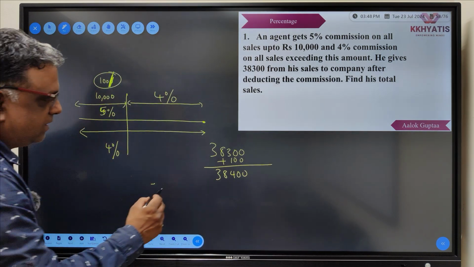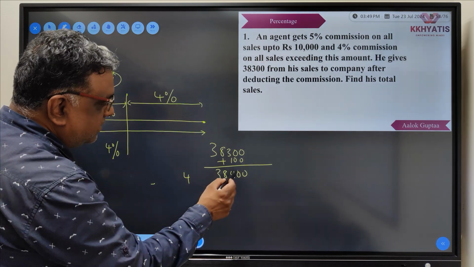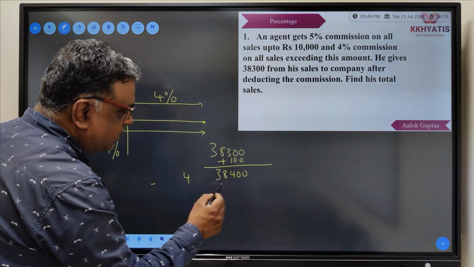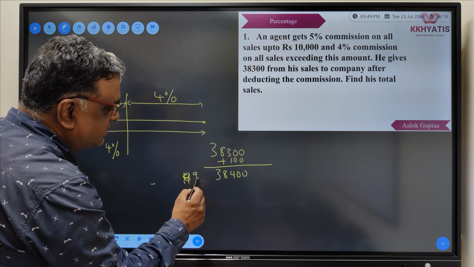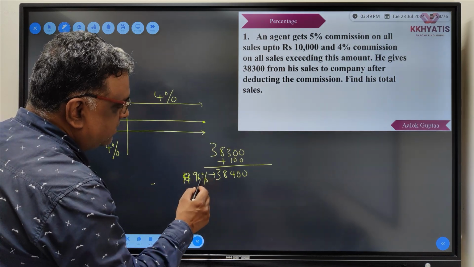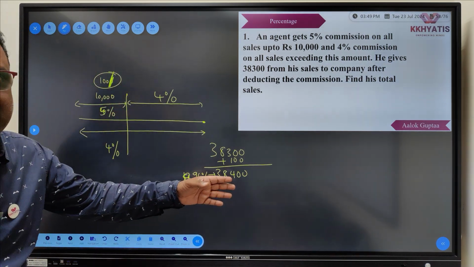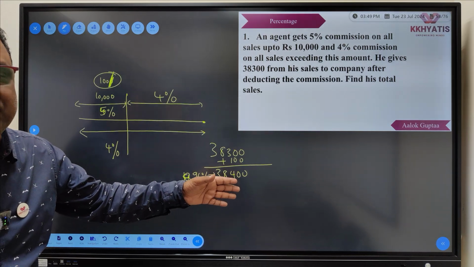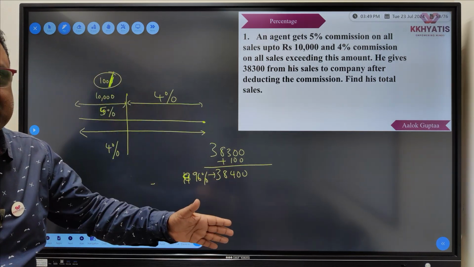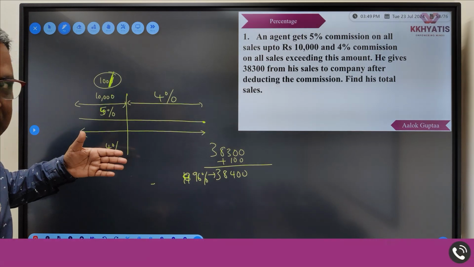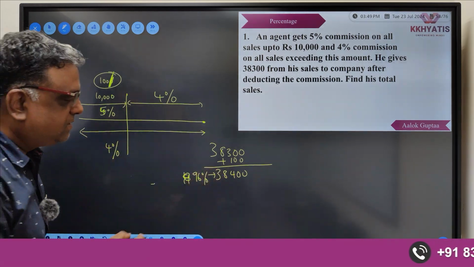So 38,400 represents how much? 96% or not? 96% की value 38,400 है ना, because this amount he gave back to the company after deducting his commission, and his commission was 4%. So 96% is this.